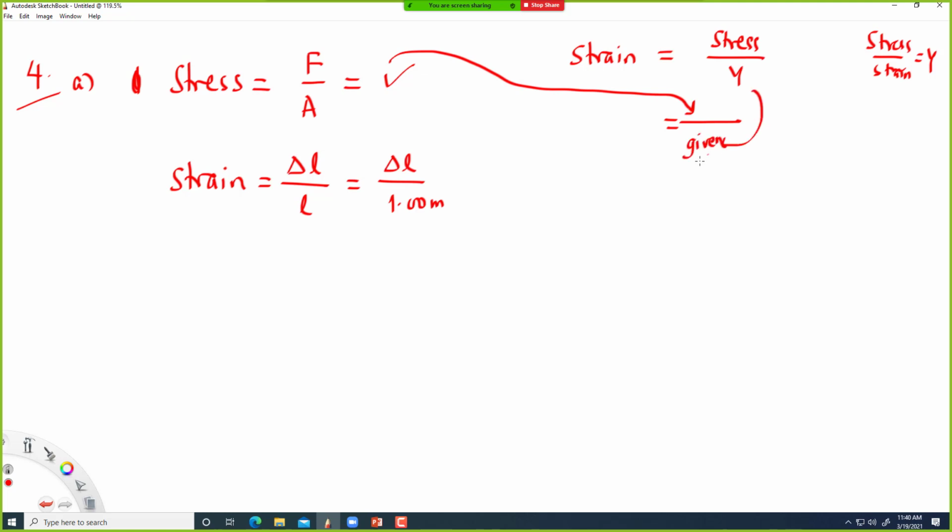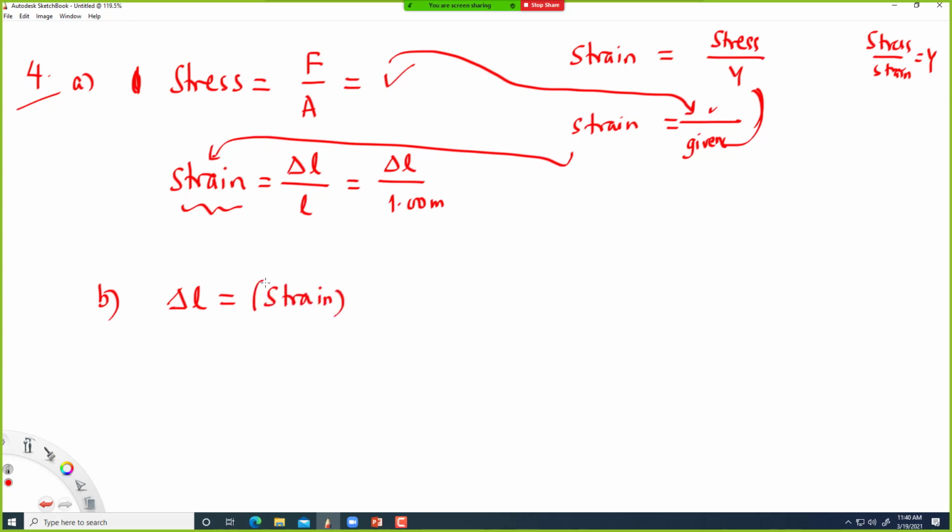Use that value and this given Y value, you can get strain. So that answers number A. And for B, you can get strain from here. Use that strain here, and then delta L would be that strain times 1 meter, rearranging the terms. So that's how you do that. So try that. If you still have trouble, please let me know. I can help you next time.